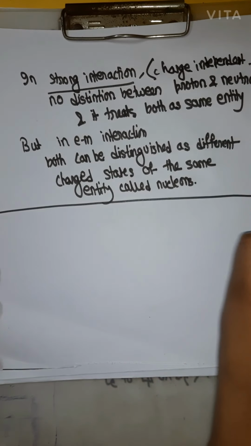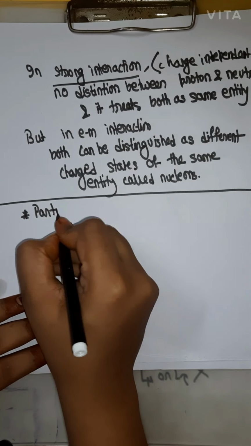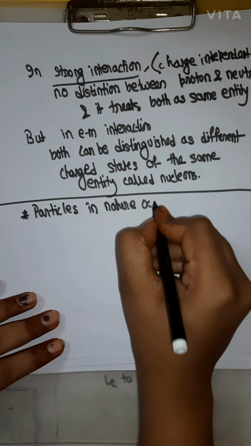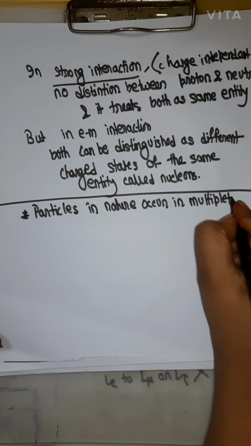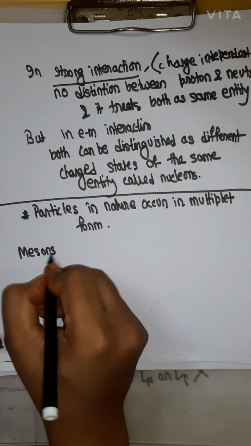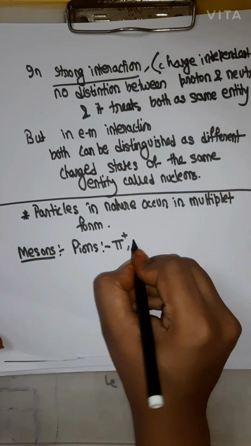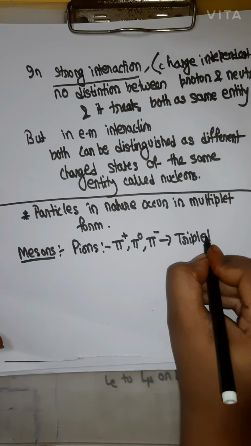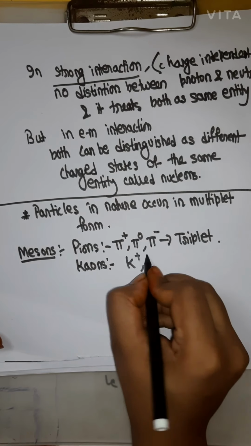We will calculate isospin for various particles. So first we will get to know that particles in nature occur in multiplet form. So mesons, we have pions, which are pi plus, pi 0, pi minus. These are triplet. Then we have kaons, K plus and K0.